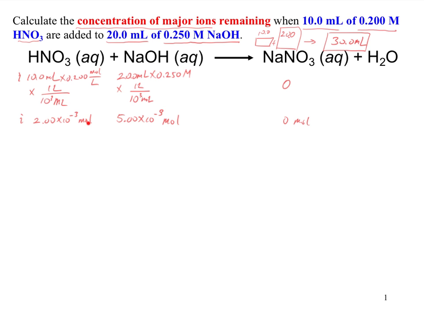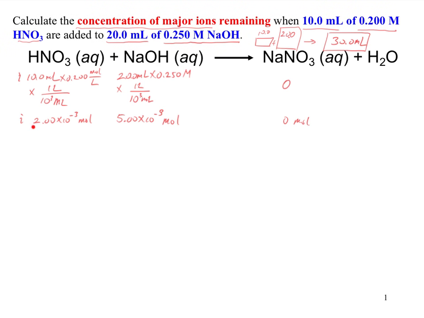That means this acid will be used up before the sodium hydroxide is used up. So as a result, after the completion of the reaction, all the nitric acid will be consumed, but we do have some sodium hydroxide remaining, plus the product.